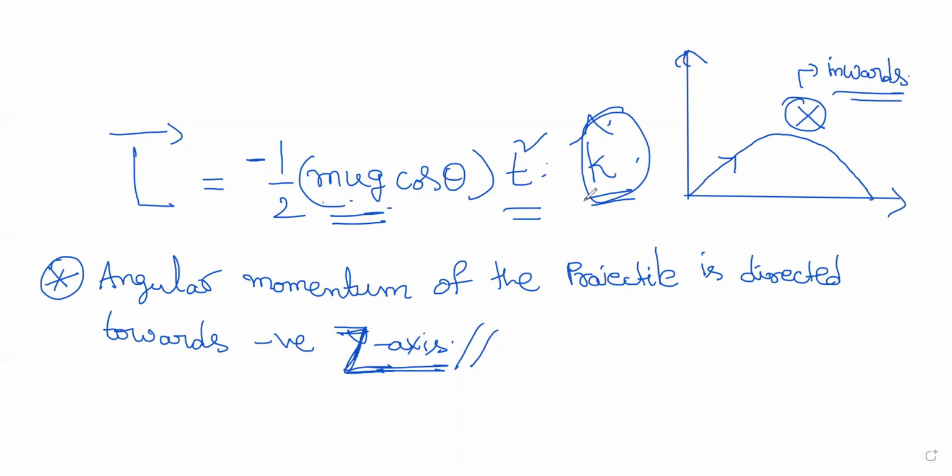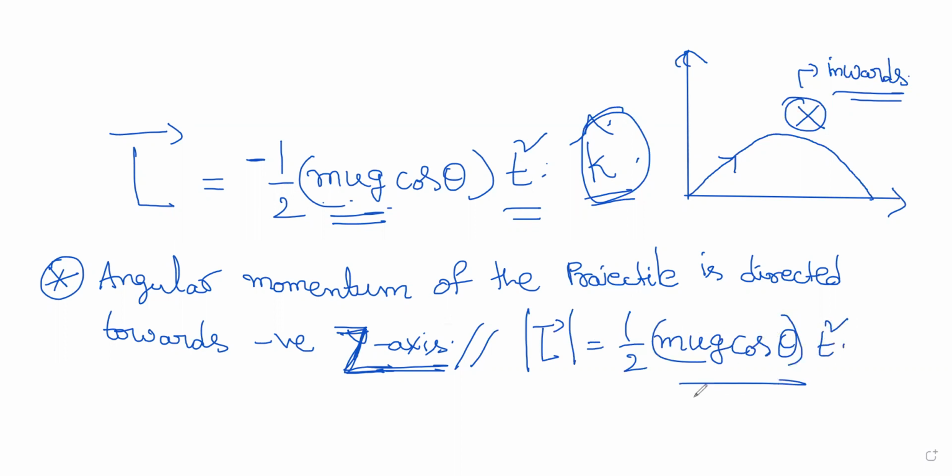direction, negative direction. And the magnitude of the angular momentum, if you consider, is nothing but half mug cos theta times t square, where theta is the angle of projection. So that is the magnitude of the angular momentum.